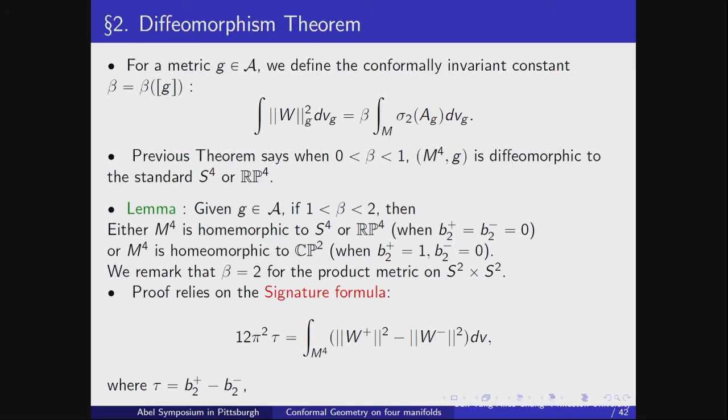And this result, in addition to the Gauss-Bonnet formula, there is the signature formula, the Atiyah-Singer signature formula, and there's another topological quantity, and that's called the index, the Betti number b2 plus minus p2 minus the torsion. It's equal to Weyl plus square minus Weyl minus square. So we use the signature formula, another topological invariant.